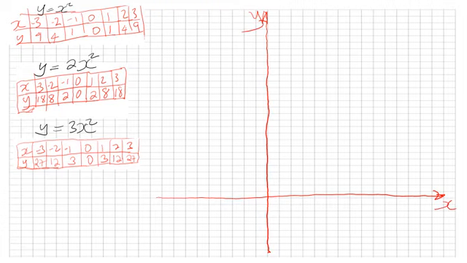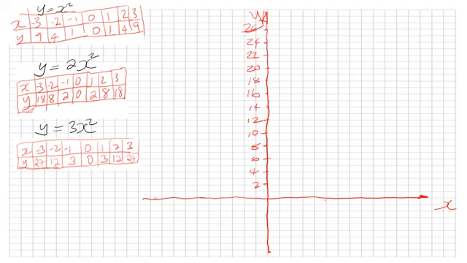We have the demarcations: we count 1, we have 2 there, 4, 6, 8, 10, 12, 14.